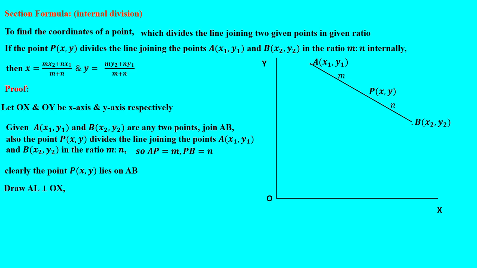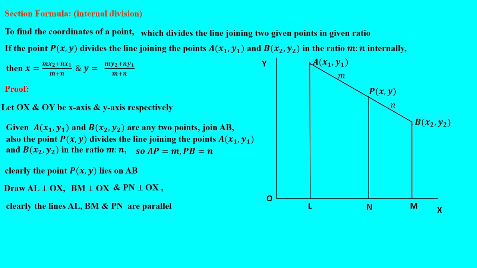So draw AL perpendicular to OX, BM perpendicular to OX, PN perpendicular to OX. Clearly the lines AL, BM and PN are parallel, correct? Now AL is equal to the y coordinate of A, that is y1, right?